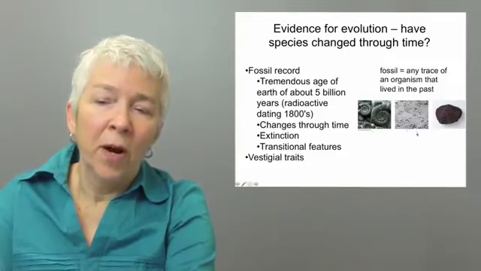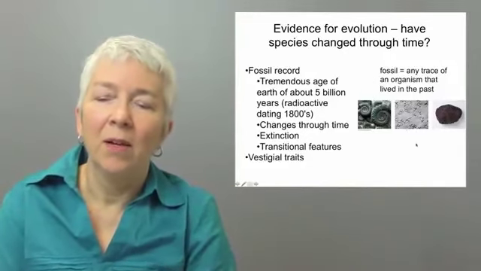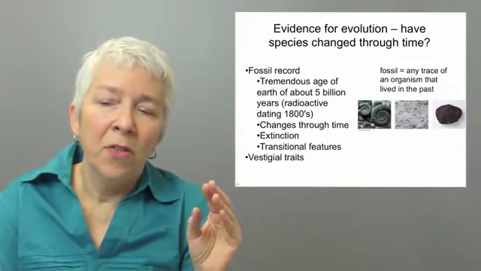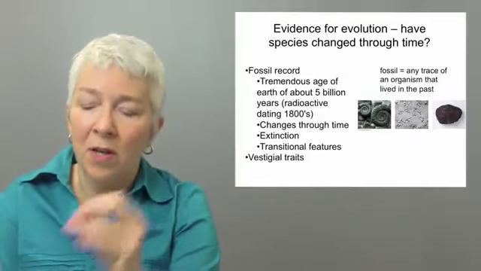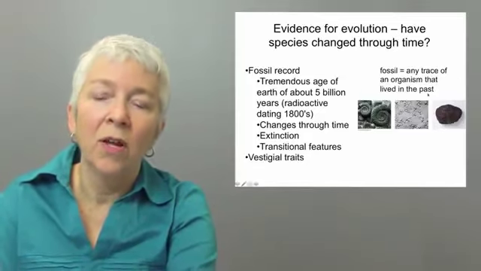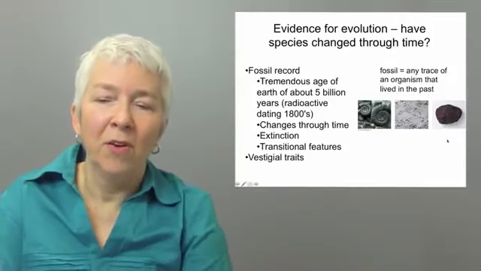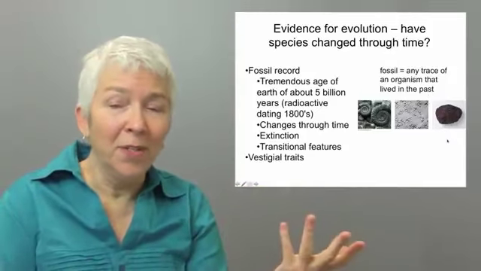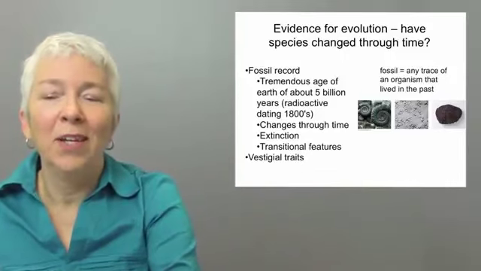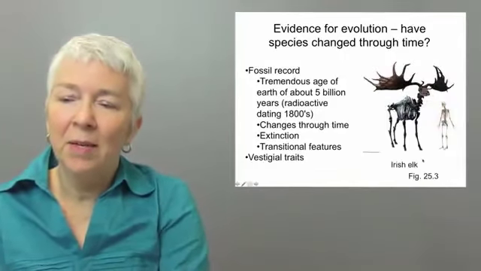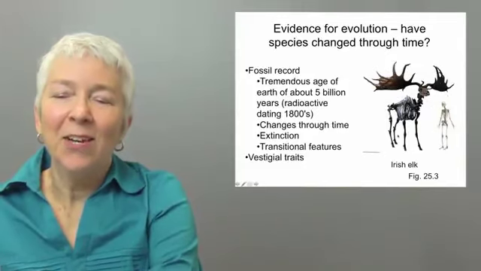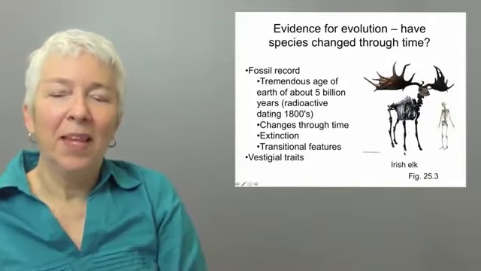But in the figure on the right, which shows a couple of what look like footprints, these are also fossils because they're traces of an organism, even though it's not a mineralized tissue. And this is an example of fossilized fecal material, which can also be a helpful indicator of organisms that have lived in the past. But let's consider this interesting example of extinction.